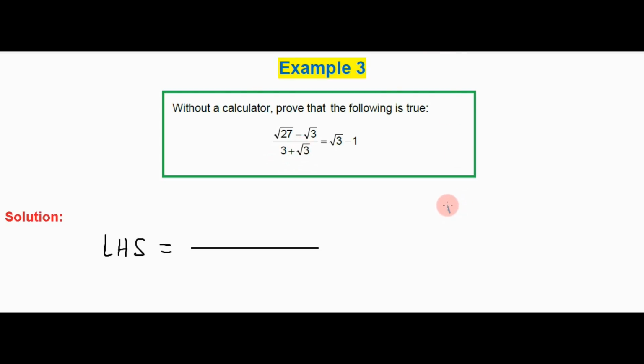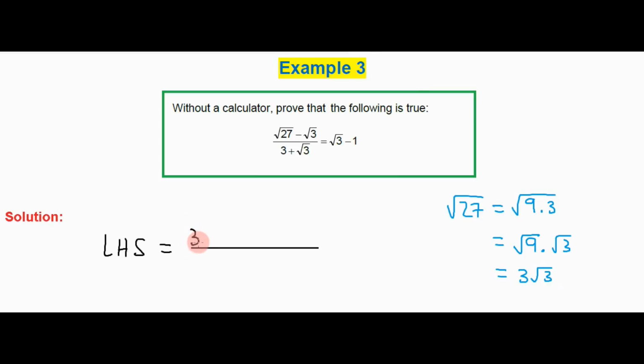Now, the square root of 27 we can write as the square root of 9 times 3. 9 is the largest perfect square that goes into 27. And this we can split up as the square root of 9 times the square root of 3, which of course is 3 times the square root of 3.